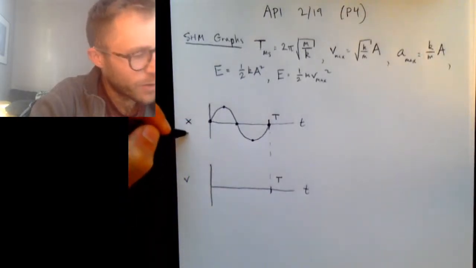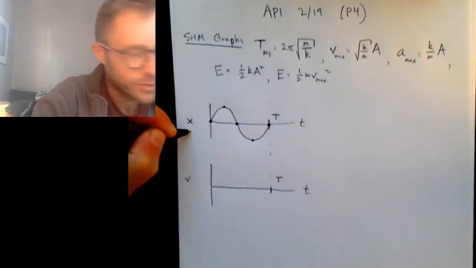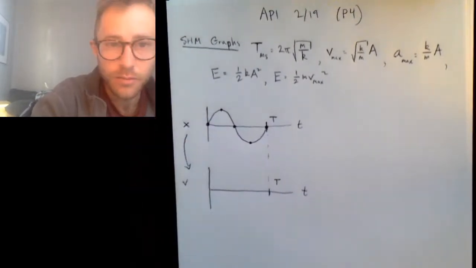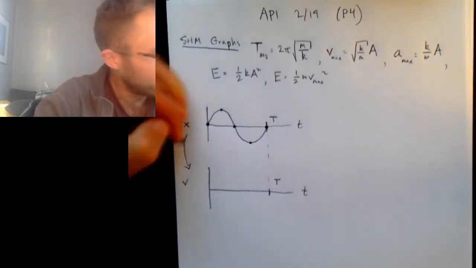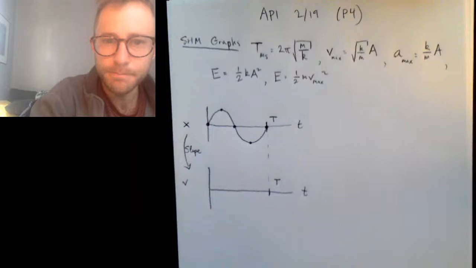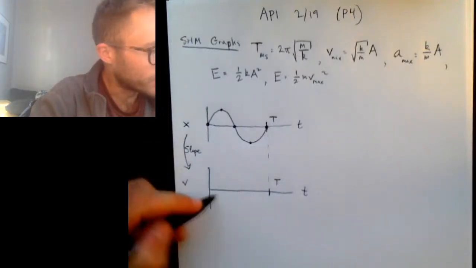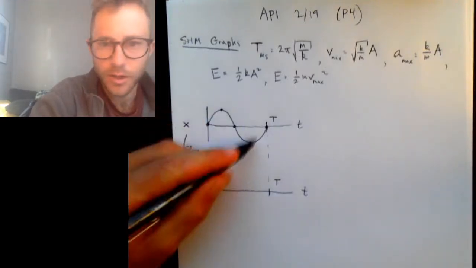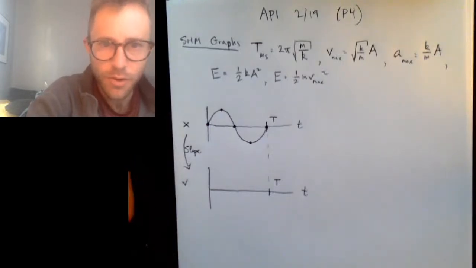To go from position to velocity, if you recall from motion graphs, you get the slope. So we're going to take these 5 points and evaluate the slope.